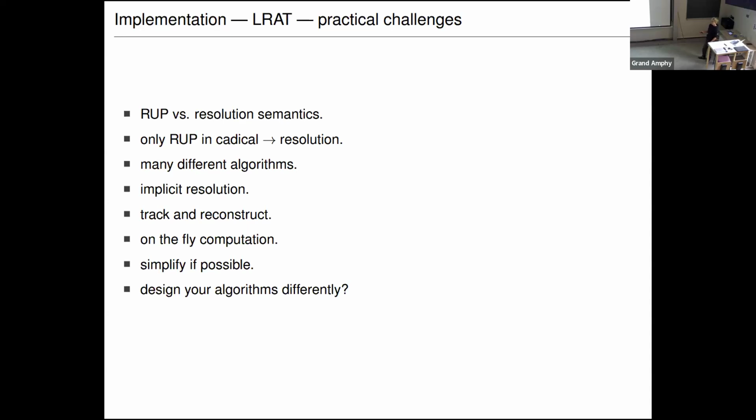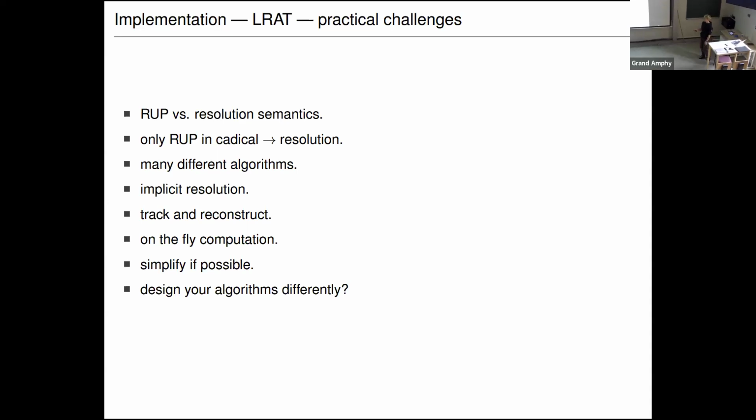To make it faster, we do on-the-fly computation as much as possible. And then for these last two bullet points, maybe if I didn't go into CaDiCaL and implement LRAT, but instead had this vision of I want to do a solver that produces resolution proofs, I might design algorithms differently.